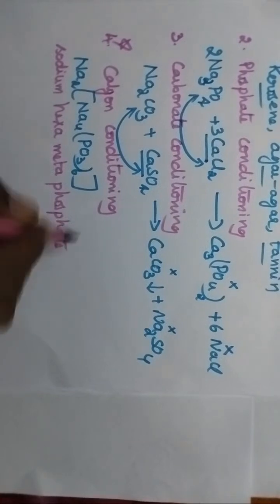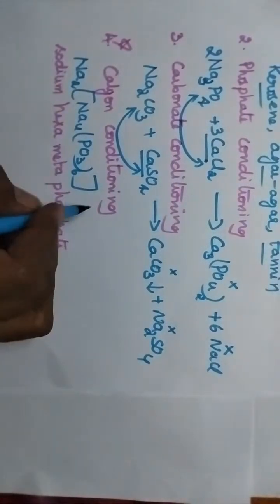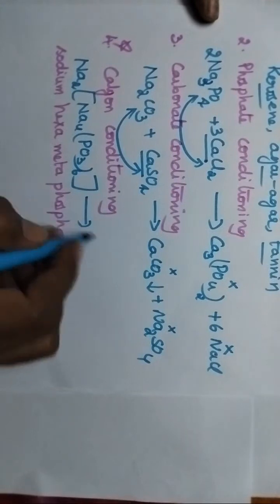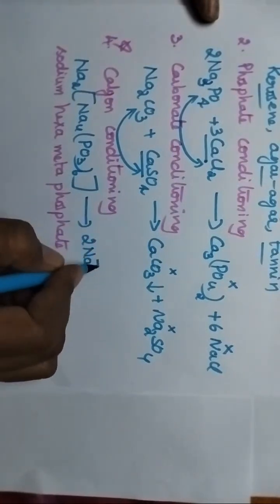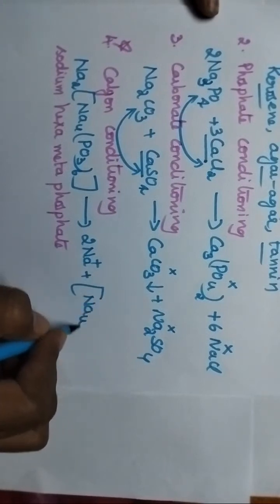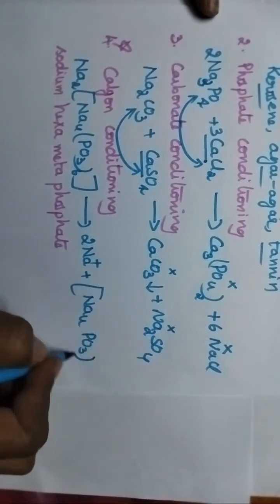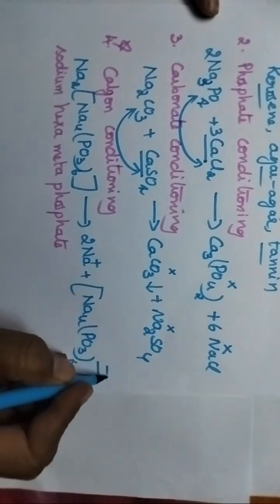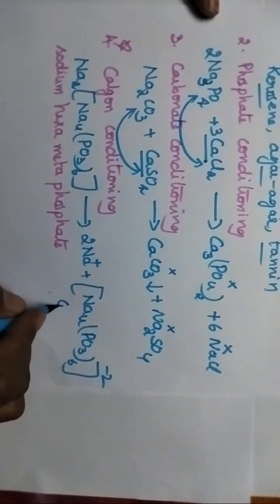So, whenever Calgon is added to water, initially it dissociates into sodium ions along with the formation of a complex ion.